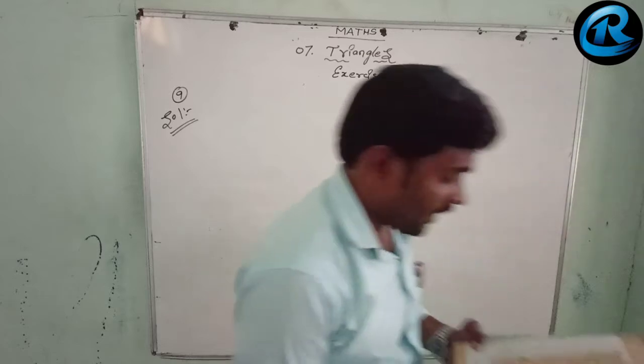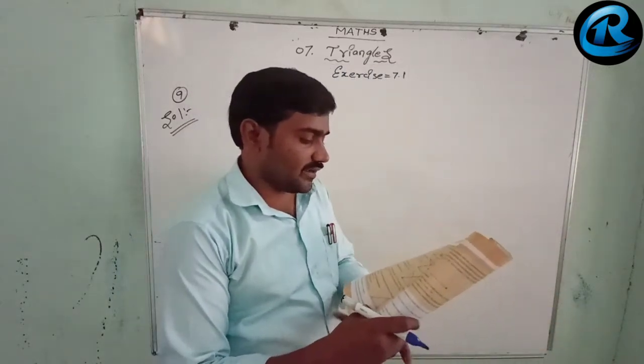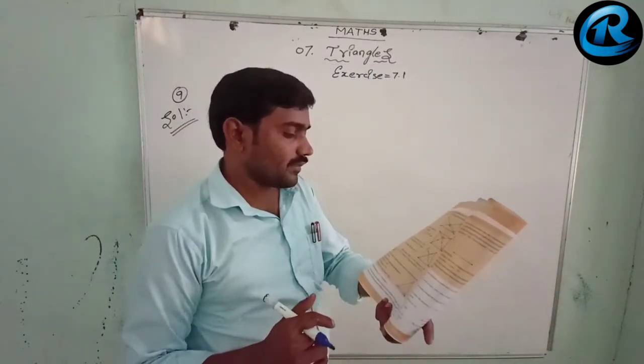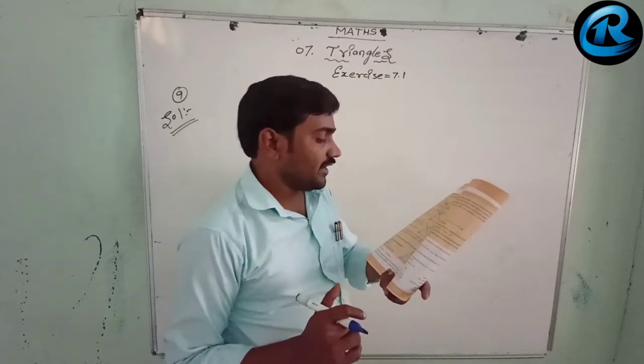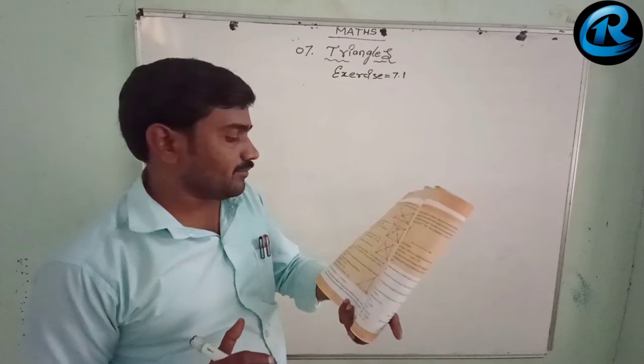Already we have come to the ninth one. In the adjacent figure ABC, in triangle ABC, D is a midpoint on BC.